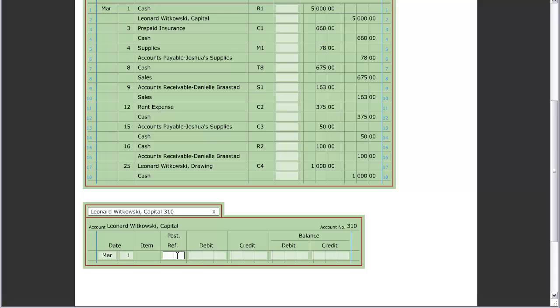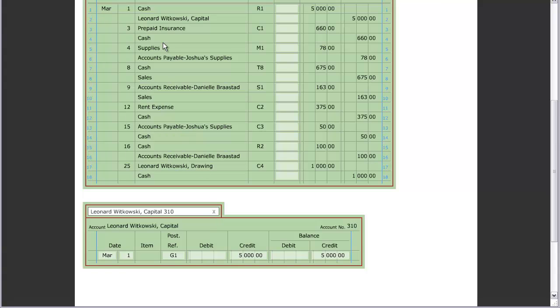And the posting reference, again, is Journal 1, because we're referencing that journal page. And what did we do? We credited the capital by $5,000. So come over here to 5,000, or credit, and enter 5,000. Now the balance, it was 0 before, we credited 5,000, so it's going to be a $5,000 credit balance.